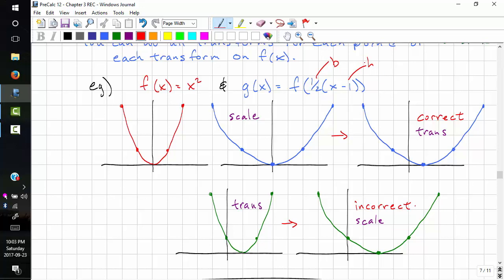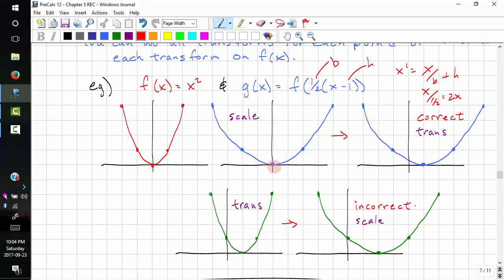And that's good enough to illustrate the point. So x prime equals x over b plus h. And because it's 1/2, this equals 2x. So we're stretching this.